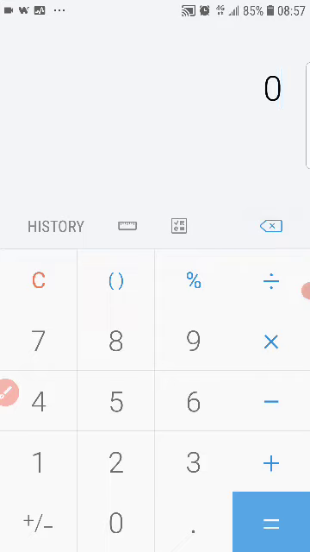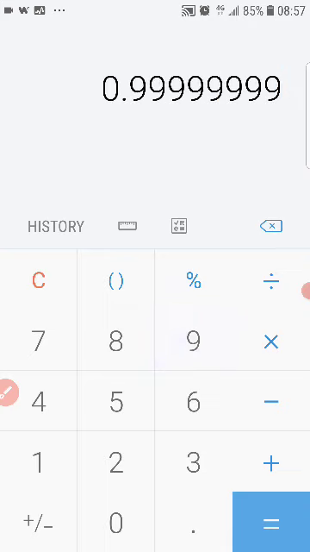So until you get 0.99999999. So when you get this, what do we have here? We have 99,999,999 Satoshi.